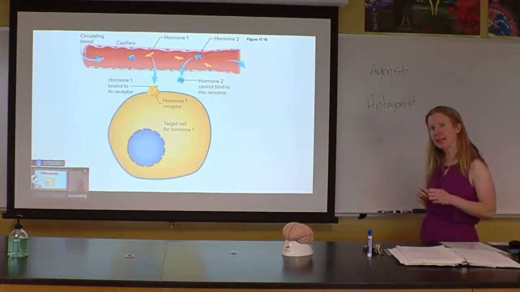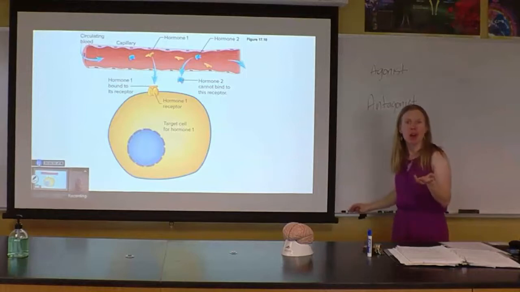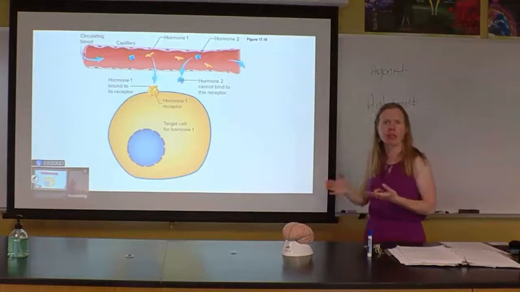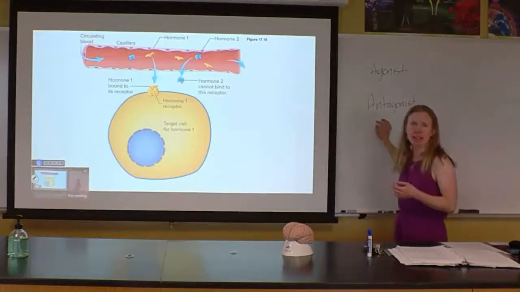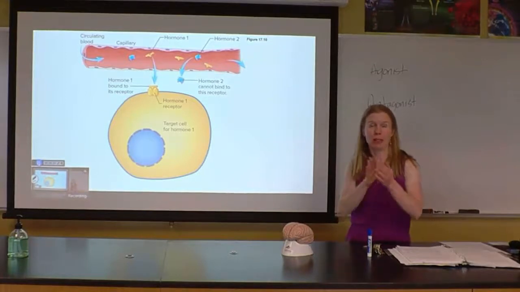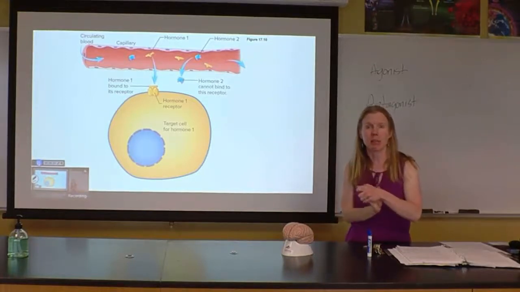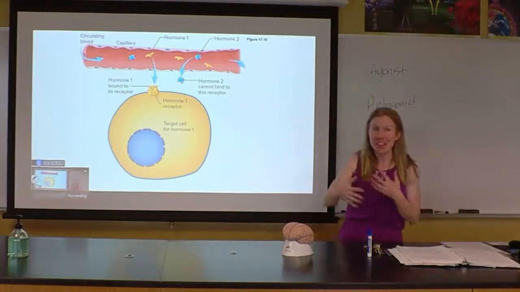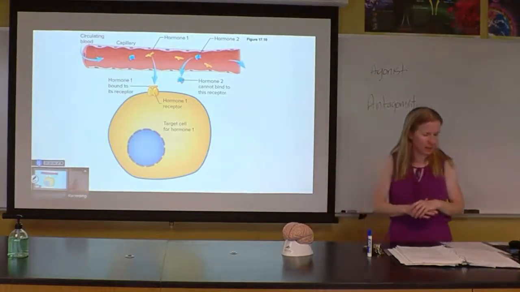So an agonist is actually going to mimic the action of the hormone, so it would dock to the receptor and have the same effect. The antagonist kind of drug would block the action of the hormone, possibly blocking that receptor so the hormone can't have its action. So you'll see that when you get into, say, a pharmacology class.